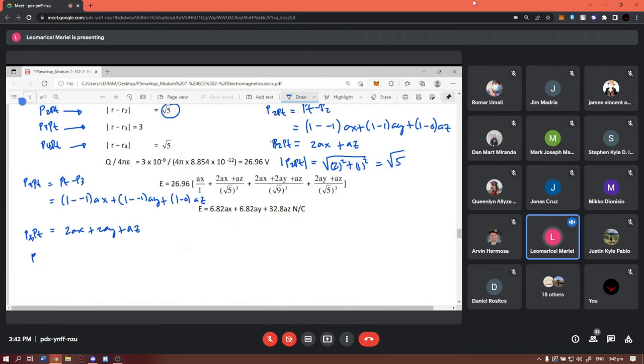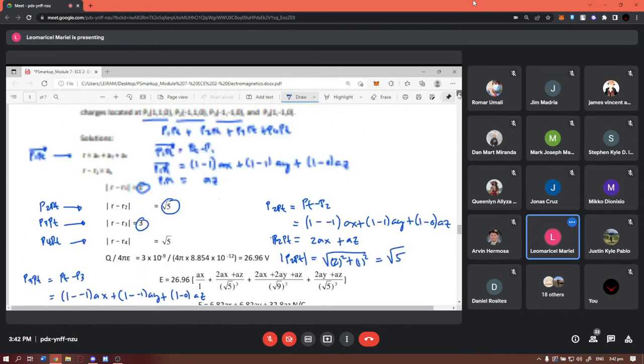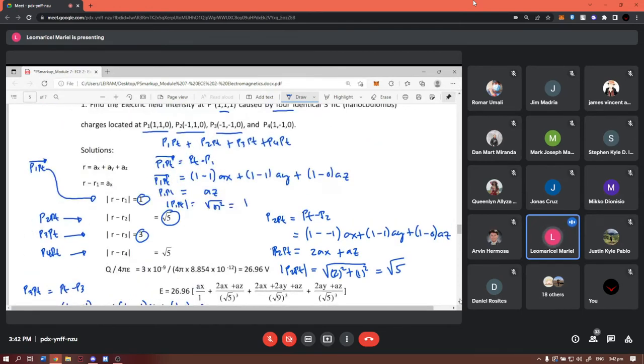And getting the magnitude, P3 PT will be square root of 2 square plus 2 square plus 1 square. That will be square root of 9. And what is the square root of 9? 3. Yun. Okay, nasusundan. Then last, kung halimbawa kukunin ko yung aking P4 PT, so ang coordinate mo ay 1, negative 1, 0.